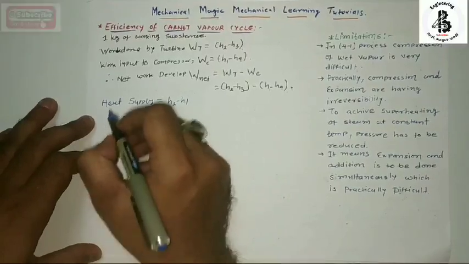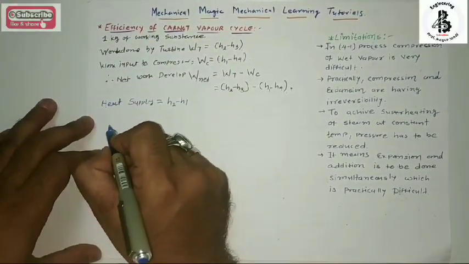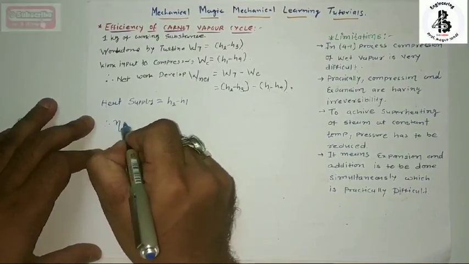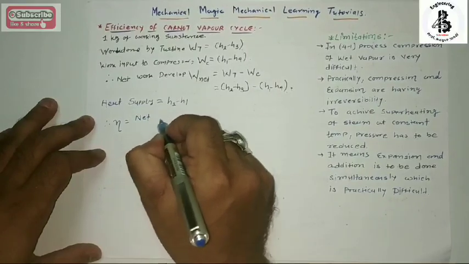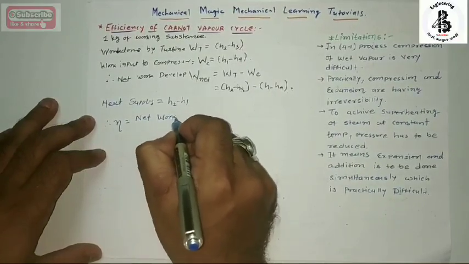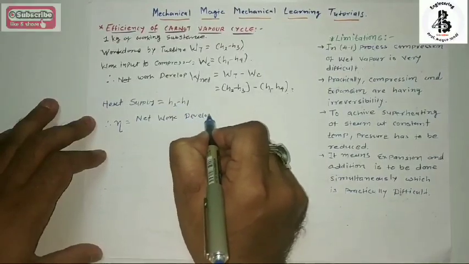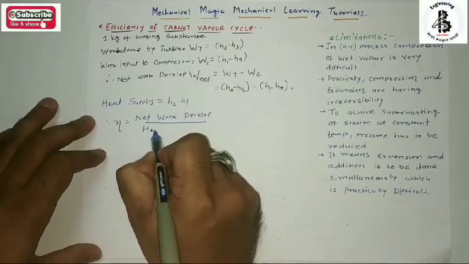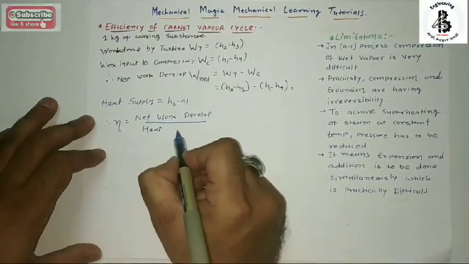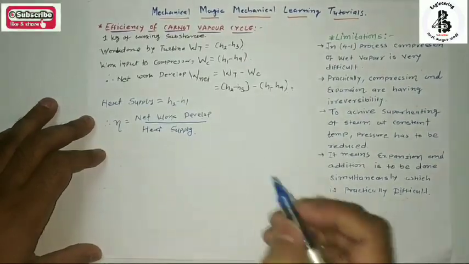Now I am interested in the efficiency of a Carnot vapor cycle. Here the symbol of efficiency is equal to net work developed divided by heat supply.